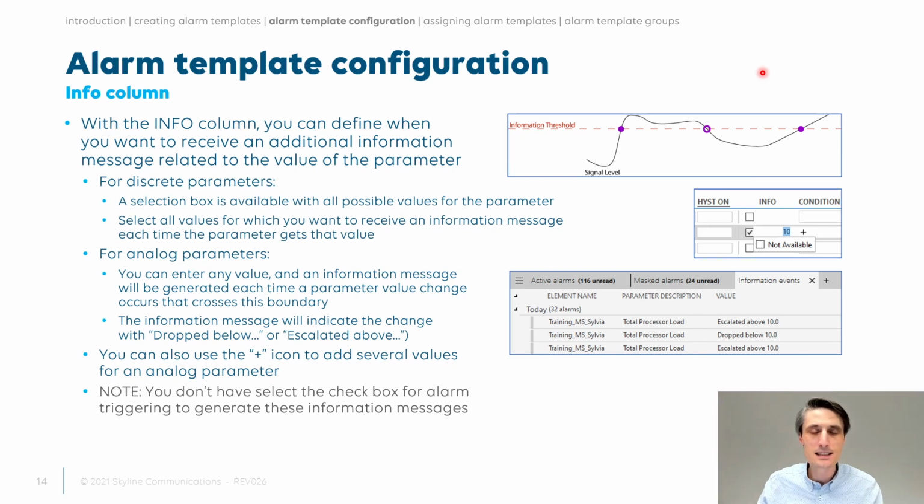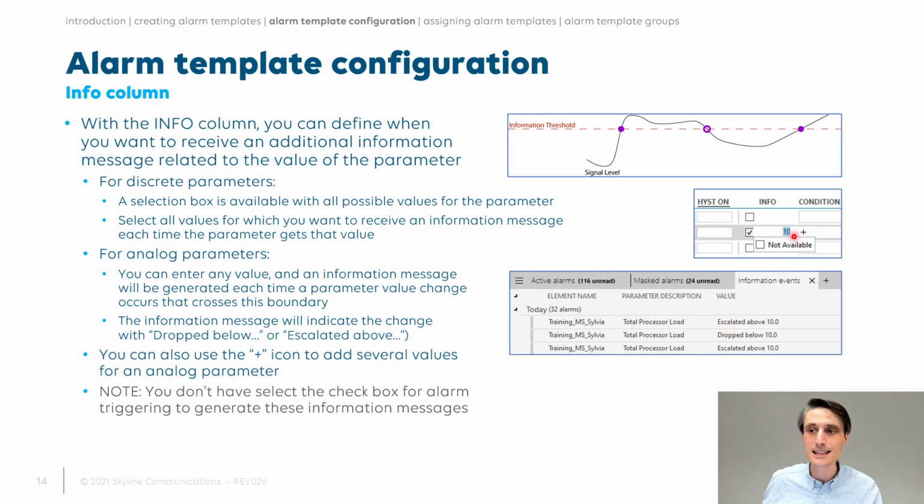Well, basically, instead of generating a real alarm, like a warning, minor, major, critical, that starts worrying people that are arriving in the alarm console and starts the color coding in the tree and things like that, you can actually generate an information event. And as you can see here in this screenshot, it will generate an information event that in this case, the total processor load escalated above 10.